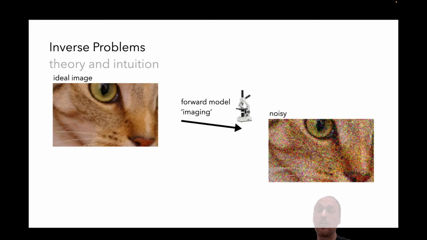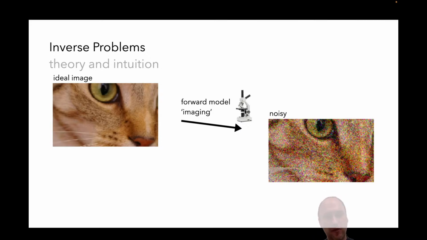The image you would like to have is something you cannot have because it's an ideal image. It's the image you would acquire if your instrument were perfect, or if it would actually break the limits of physics. But you can't do that.